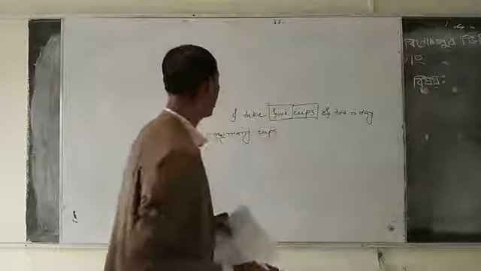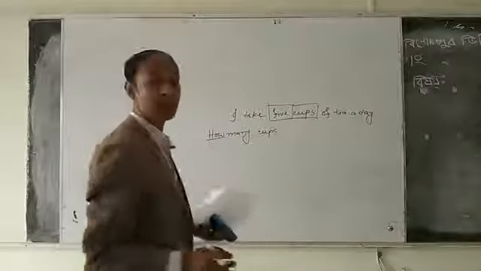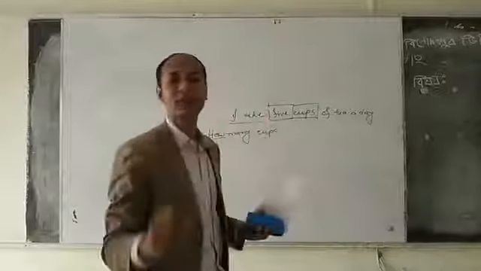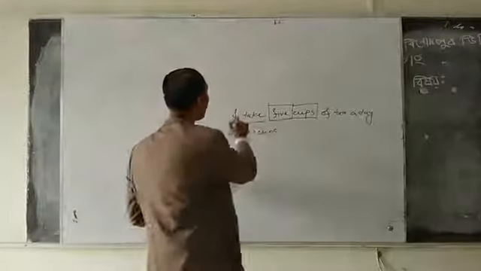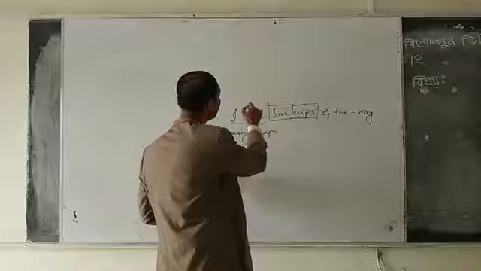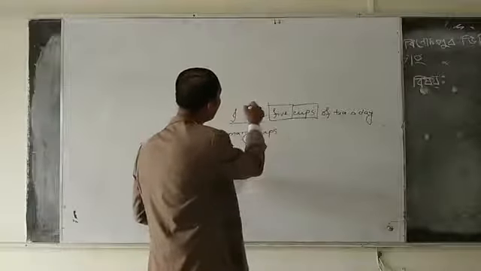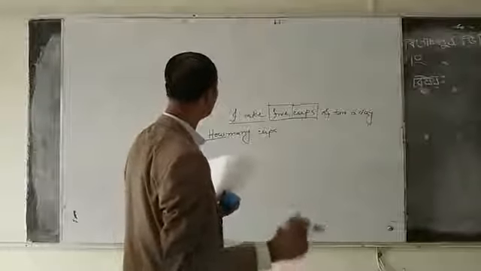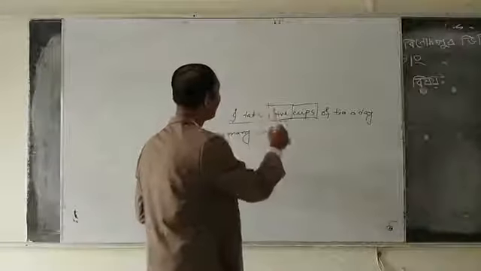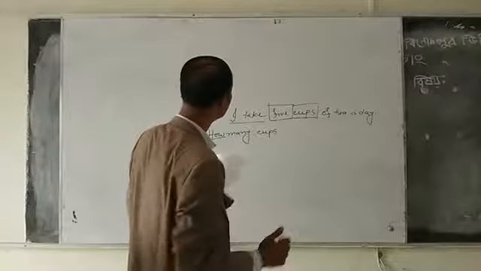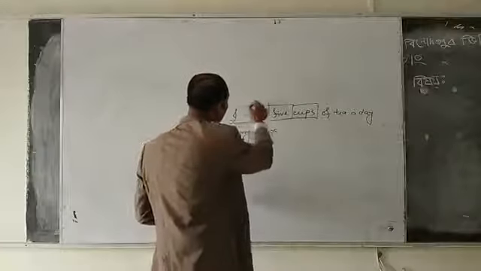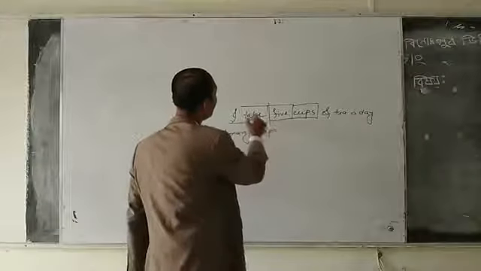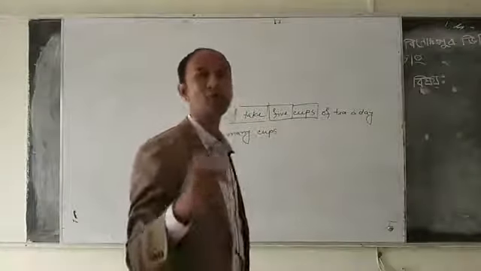Then, according to the structure, we have to use an auxiliary verb. But in the sentence, there is no direct auxiliary verb. I take: subject plus main verb. We know the auxiliary verb will be fixed on the basis of the main verb. If the main verb is in present form, we will use do or does.